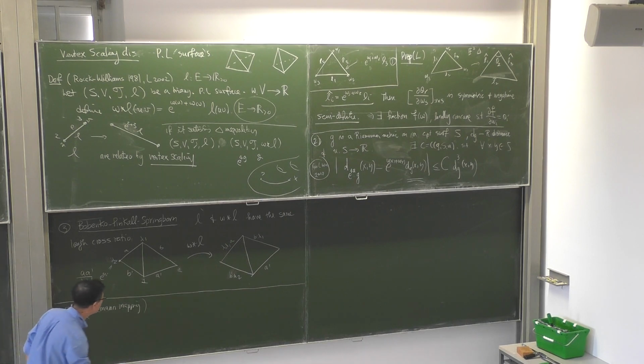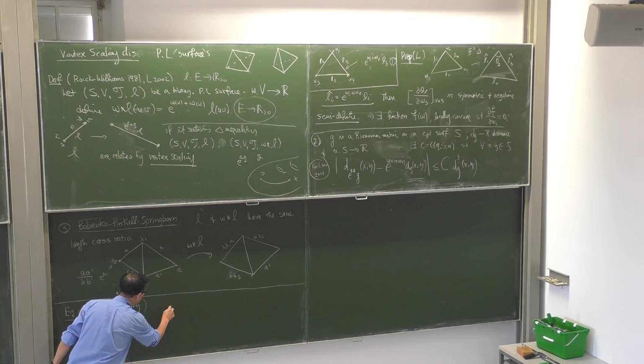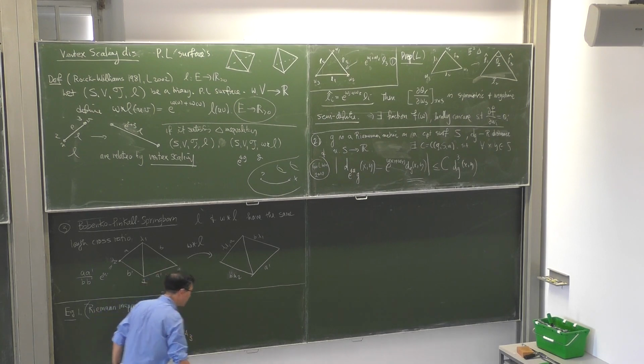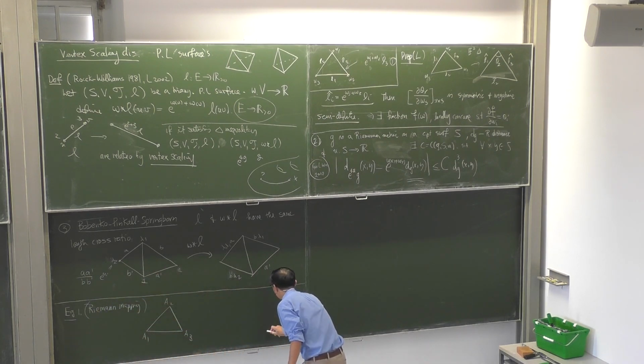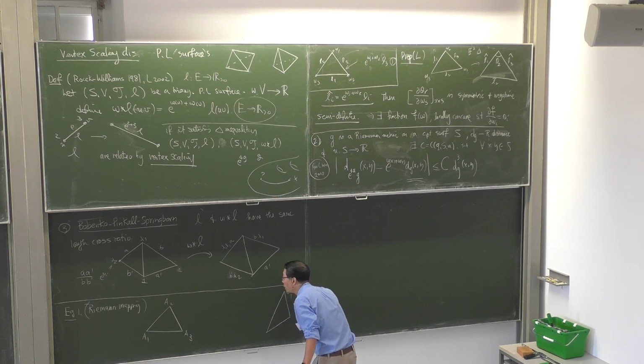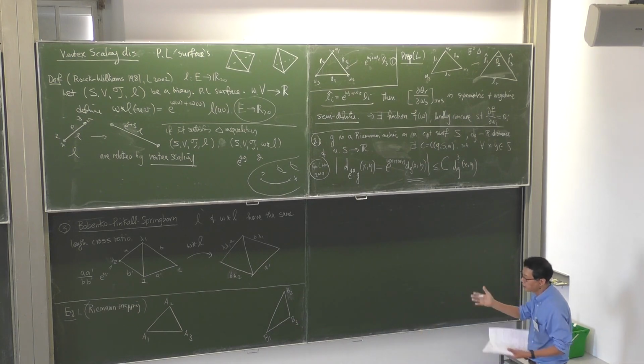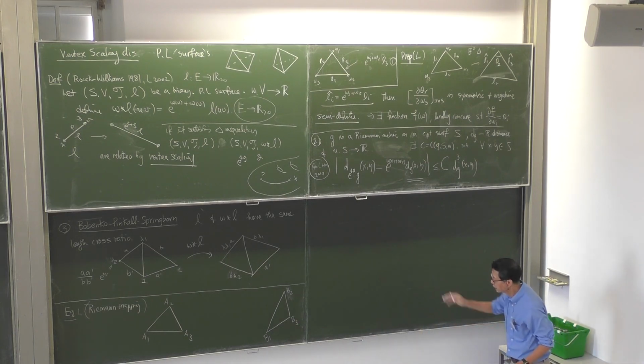It's a classical theorem of Riemann mapping that if I give you a Euclidean triangle, say A1, A2, A3, I give you any two Euclidean triangles, say B1, B2, B3. Let's assume that the vertices are ordered cyclically, orientation, say, counterclockwise.